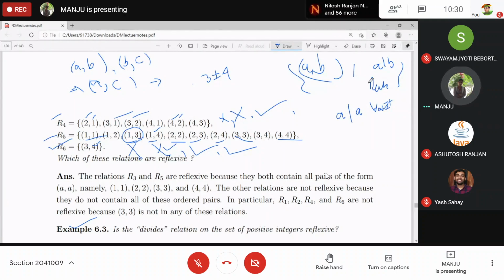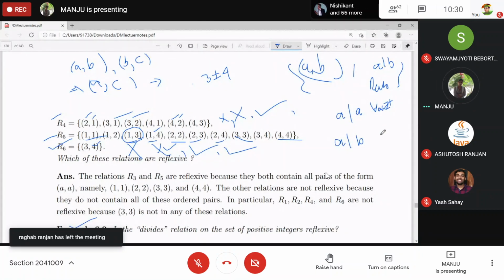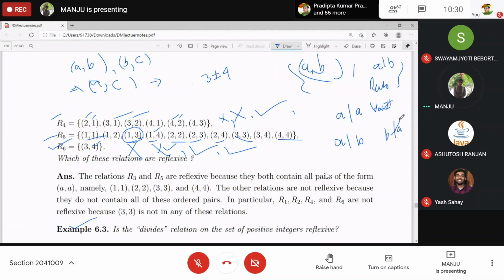Then you have symmetricity. A divides B, but B may not divide A always, right? Then transitivity.